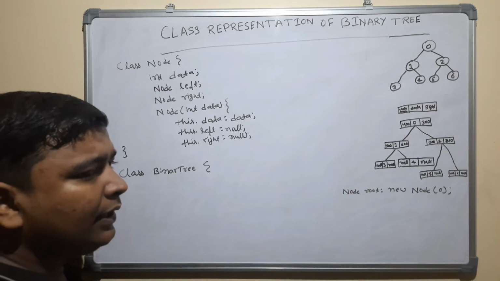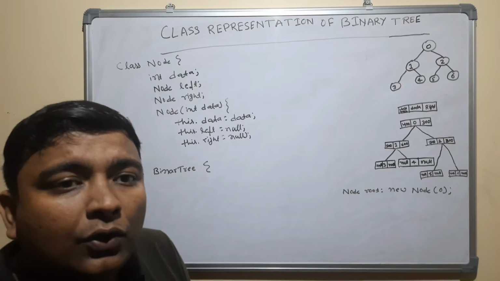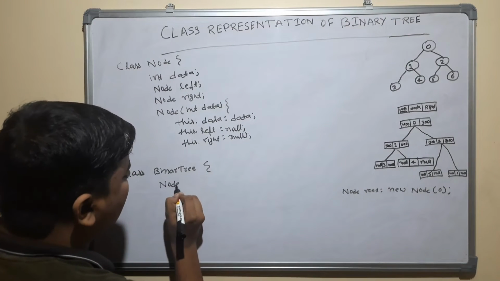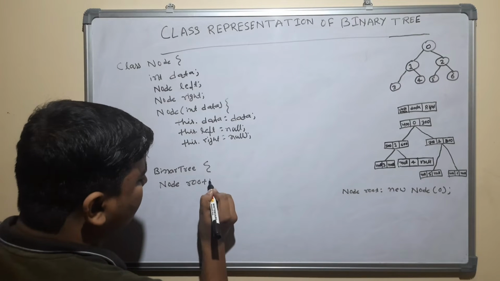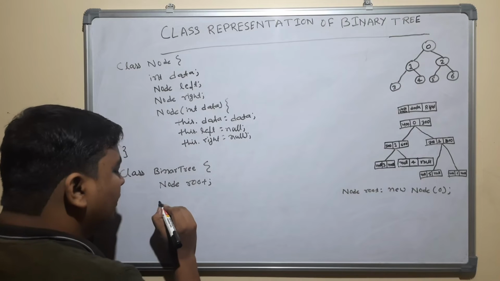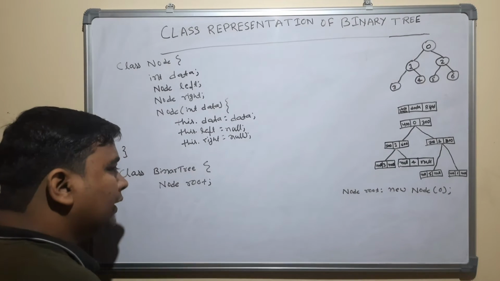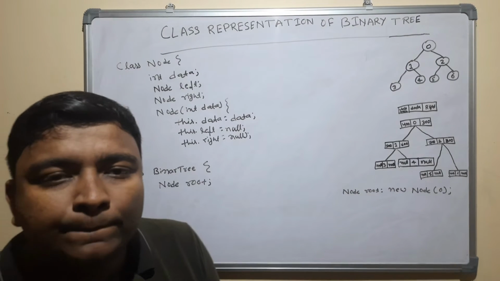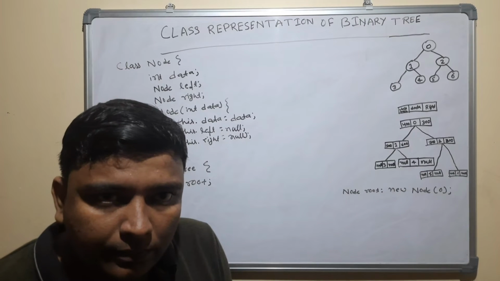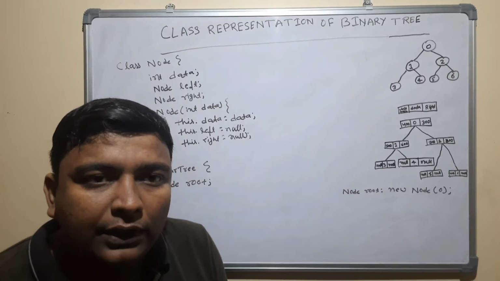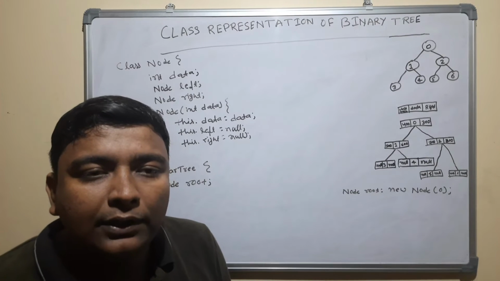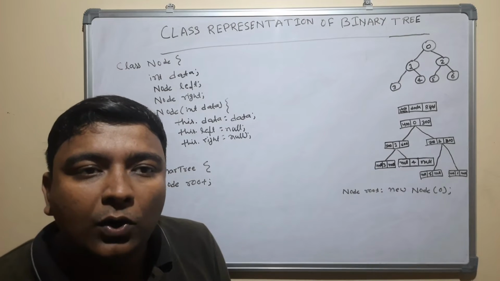In every tree, first we need a root. So here I also need root. Now here I am creating one function. I will call that function in the next videos, any tree video, and that function will give a binary tree object.